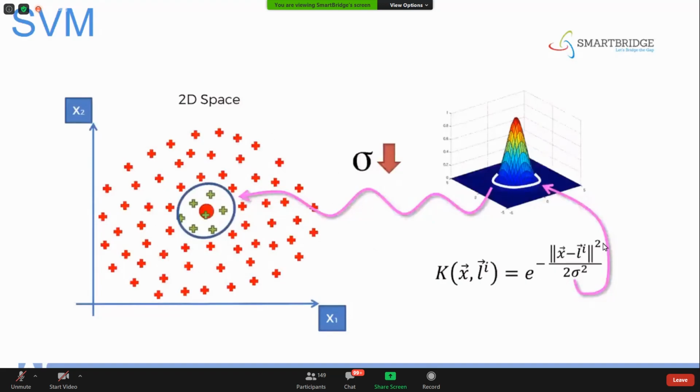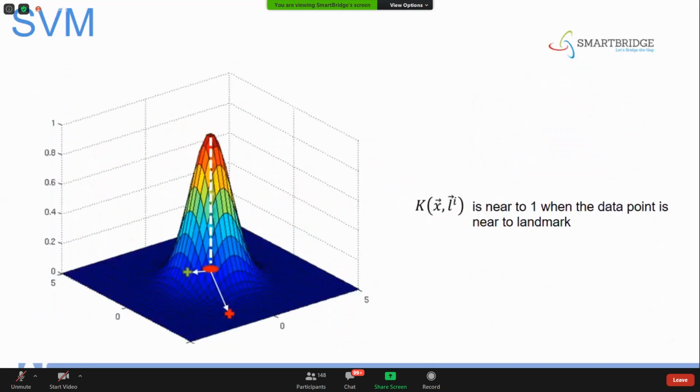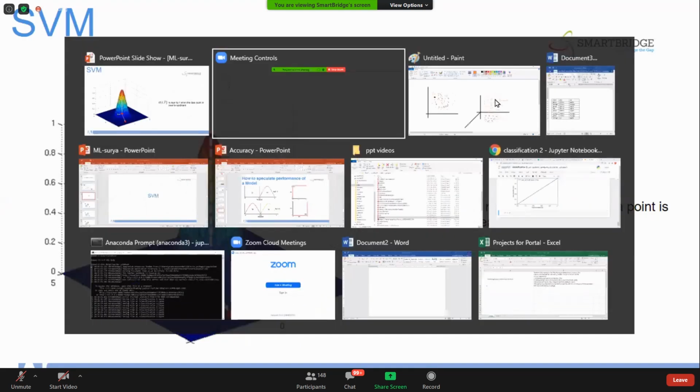So this sigma should be properly selected so that it creates a particular round. In order to separate these values, you are using a Gaussian kernel. I'll just show you one video on YouTube. You will understand what's happening in that.